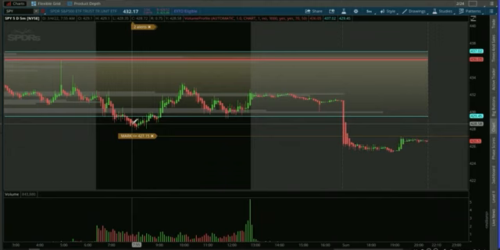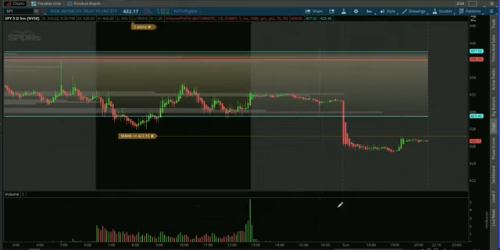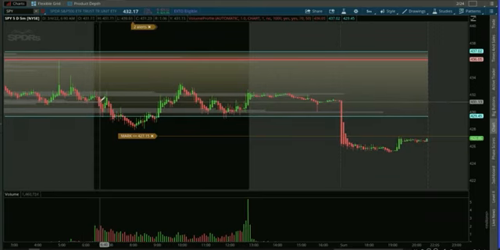I have a Heikin-Ashi candle set on. You just go right up here to your gear settings and go to appearance, and you can pick the candle that you choose. But smoothing that out is helpful so that you're not reacting to every single candle, and it keeps you in a trend a little longer. So now, not only are you identifying the trend in a candle pattern via red and green, but you can also visually see the volume profile, and you can see it on every time frame.